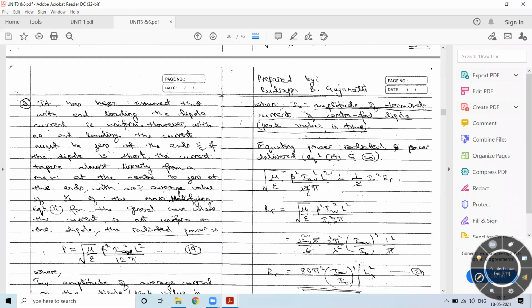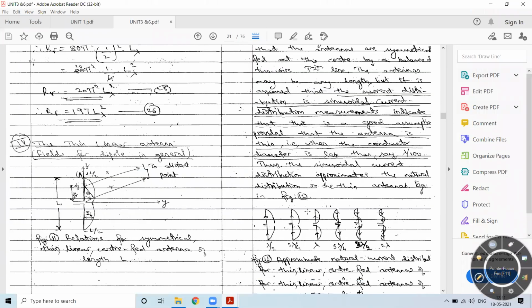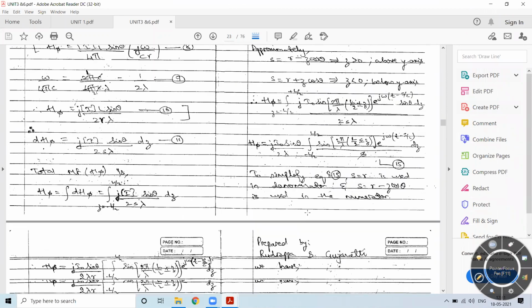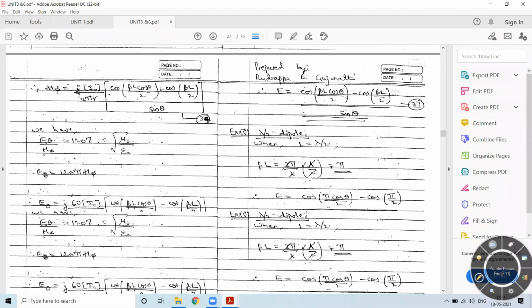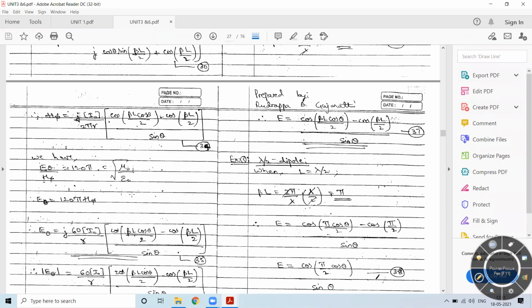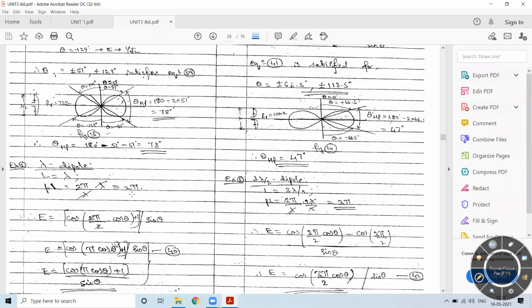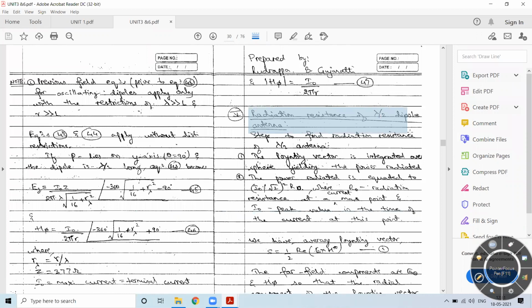Similarly, for the lambda by 2 dipole you also have the derivation, in which you will have the value given over here. So here we have the radiation resistance. Again, you have to consider the Poynting vector, then the intrinsic impedance, and then equate the power radiated.